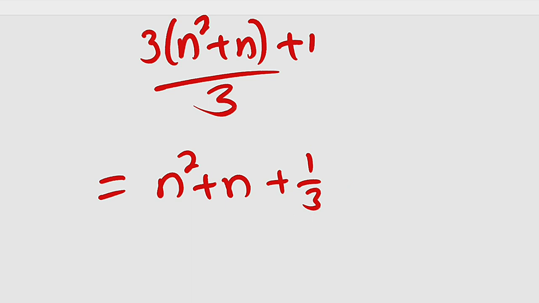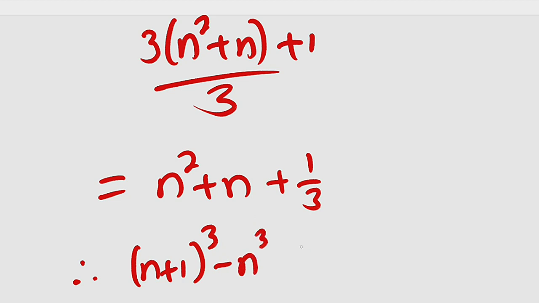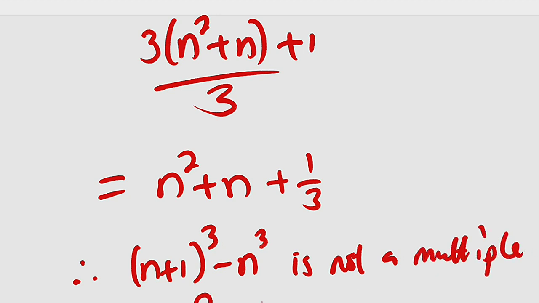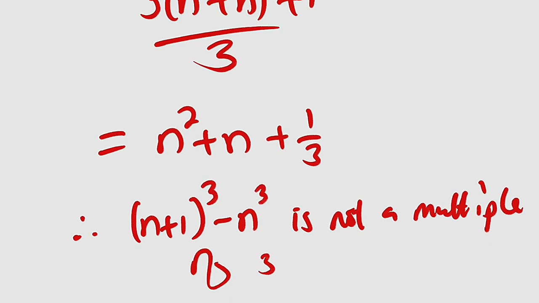Meaning it is not divisible directly without remainder. And hence we conclude that (n+1)^3 minus n^3 is not a multiple of 3. It's not a multiple of 3.